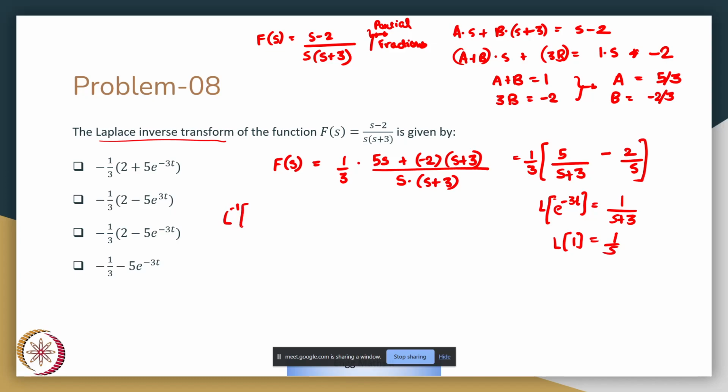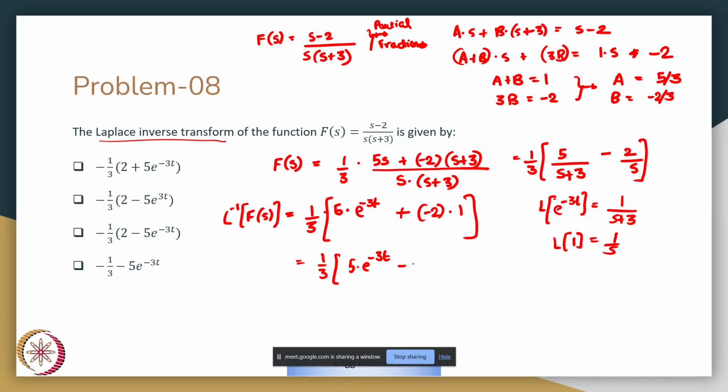Therefore, the inverse Laplace transform of F of s is nothing but 1/3 times 5 into e raised to minus 3t plus minus 2 times 1, which is 1/3 times 5 into e raised to minus 3t minus 2.